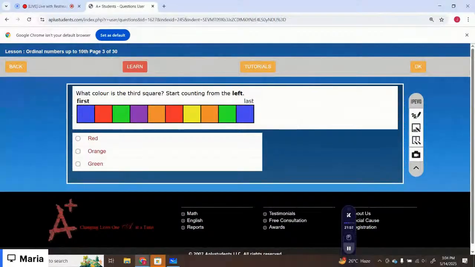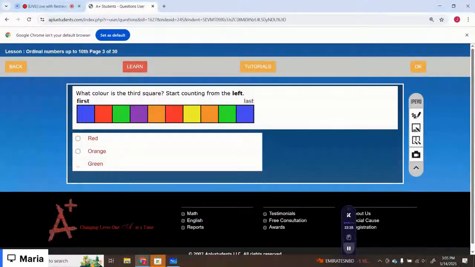What color is the third square? So which is the correct option? That is green.